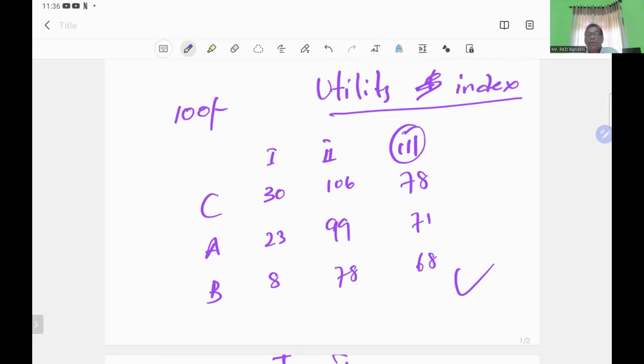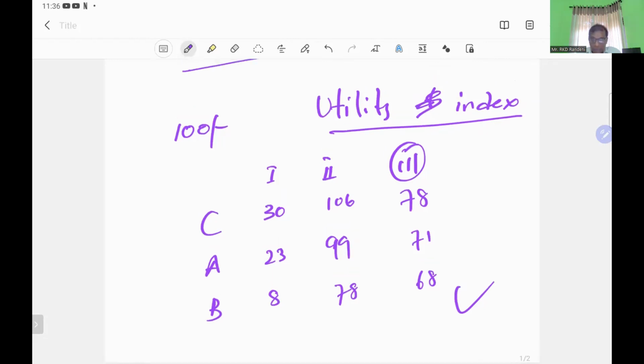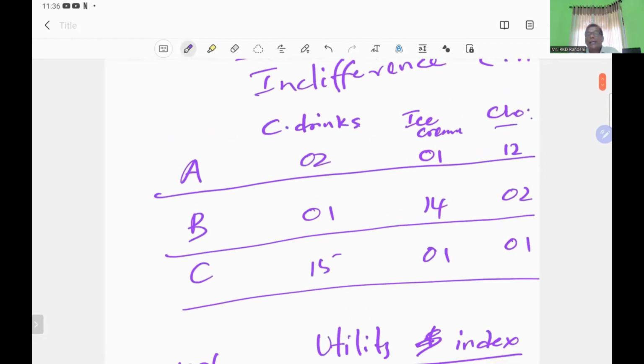Now assume that you prefer chocolate. Definitely you select commodity bundle A. Then you put A in first rank, that is the most preferred. You prefer bundle A, so you can rank, you can order.